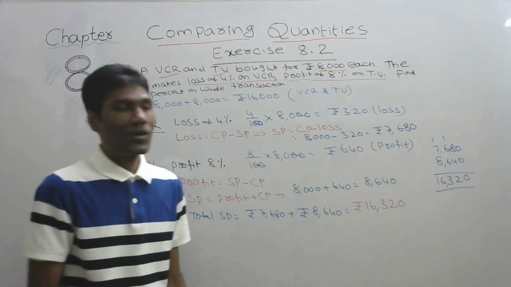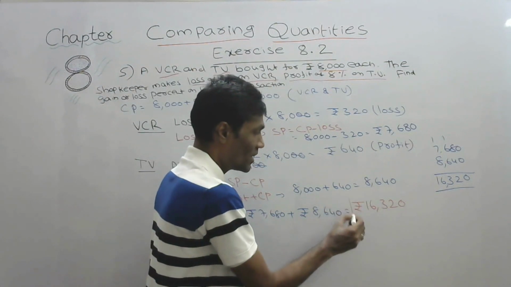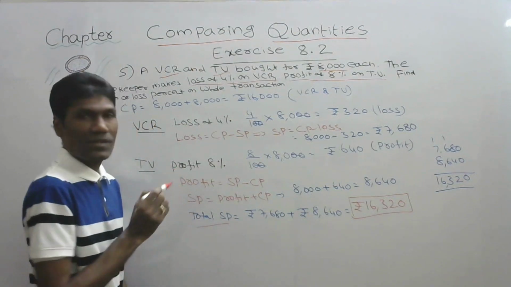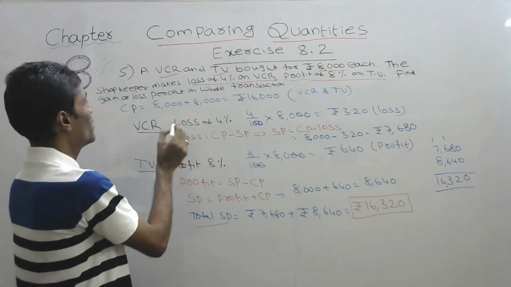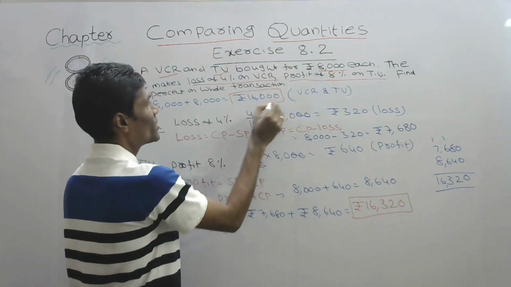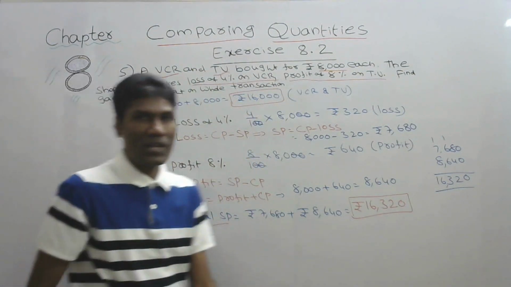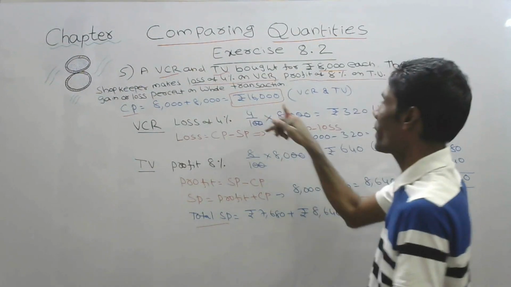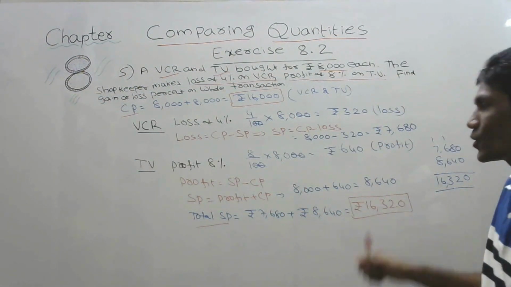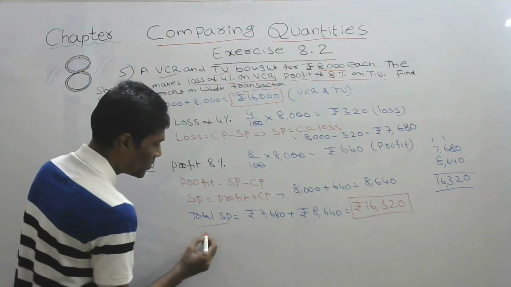Okay, now the important parameters are the selling price and the cost price. Cost price is 16,000, selling price is 16,320. So what is the profit?